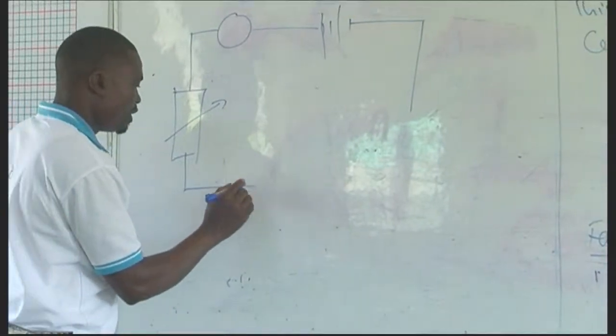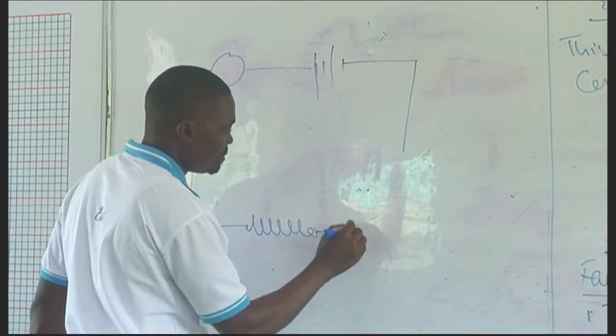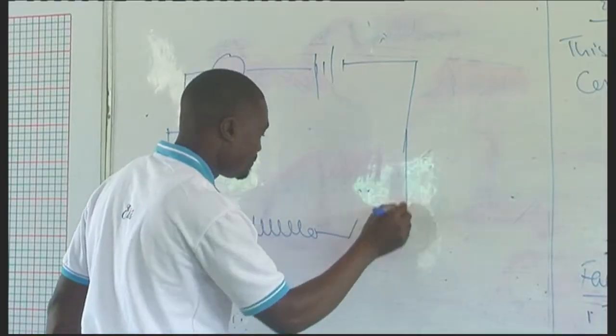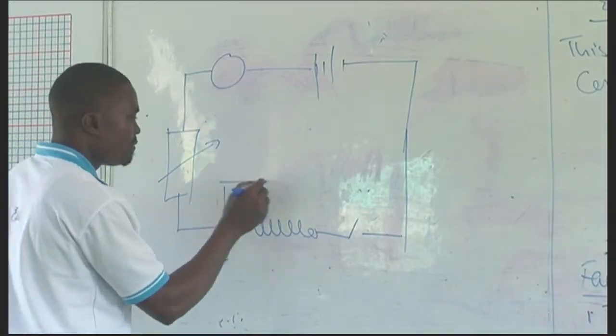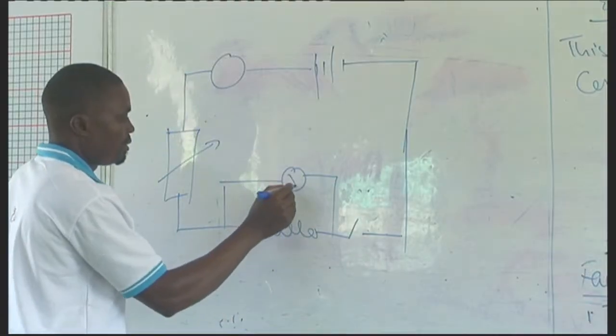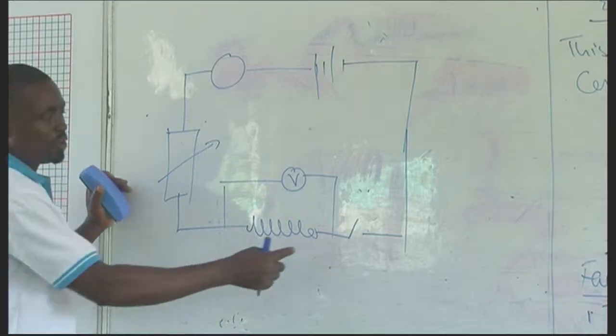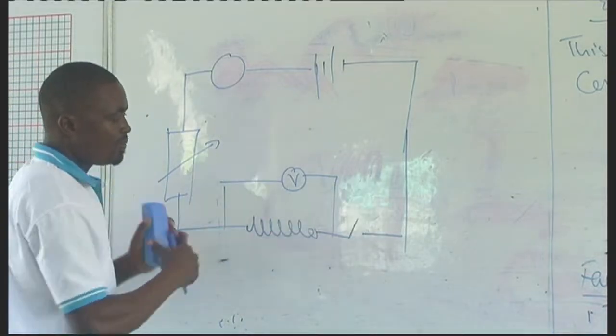Then we have got nichrome wire. Our switch is here. Then we have got the voltage across this resistance wire. Now, when this switch is closed, current flows.